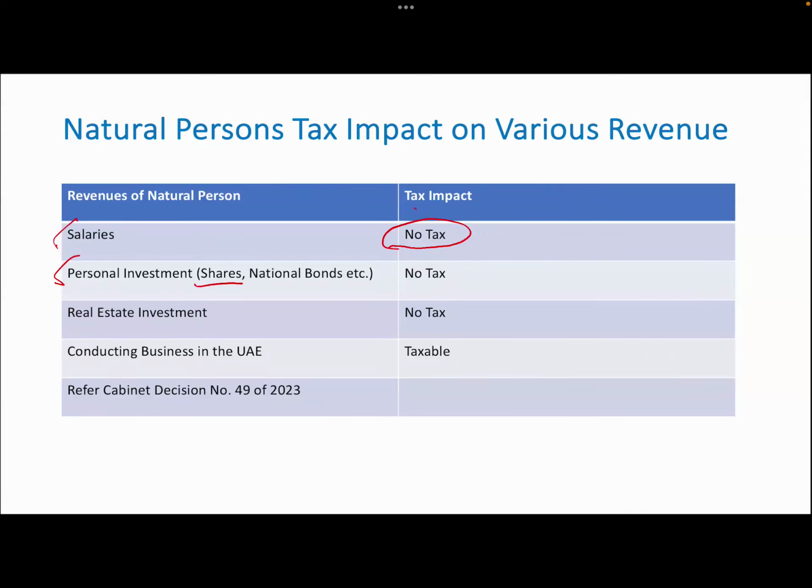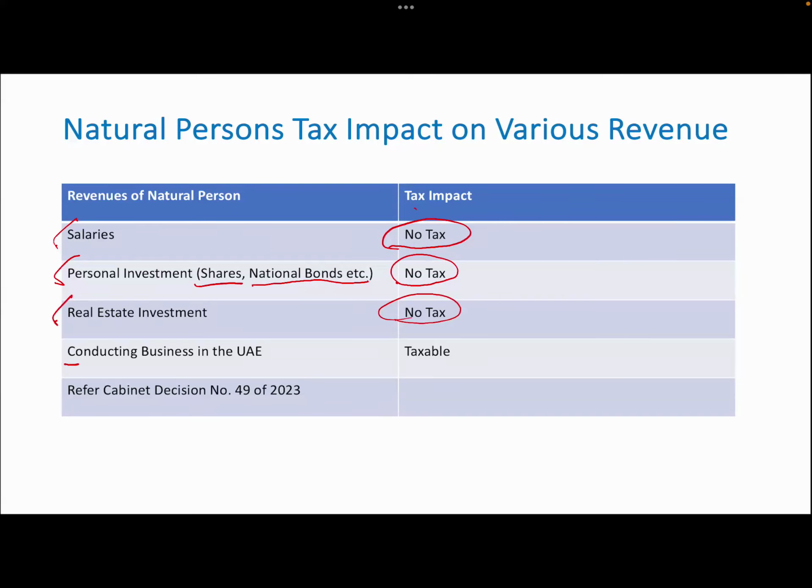Examples: shares, bonds, etc. If you're earning dividends out of your personal investments, what will be the tax impact? There won't be any tax impact. Real estate investments. As a natural person, as a human being, you've bought properties in the UAE and you're earning some rent, or you've got some capital appreciation. What will be the tax impact on it? There won't be any tax impact. You don't pay any tax on it.